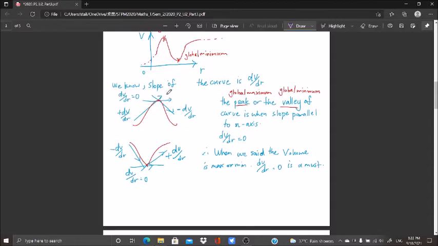When the slope is increasing, dV/dr is greater than 0; when decreasing, dV/dr is smaller than 0; and when the slope doesn't change, dV/dr equals 0. This is what I mentioned just now. You need to understand when it increases and when it decreases: positive dV/dr and negative dV/dr.